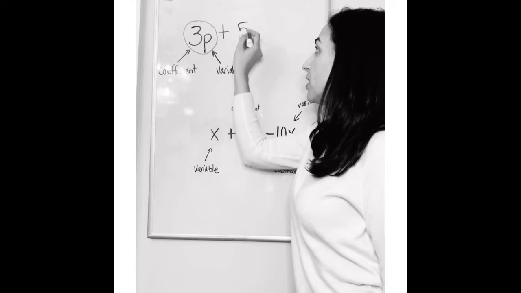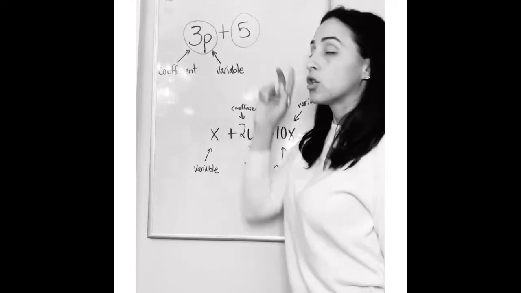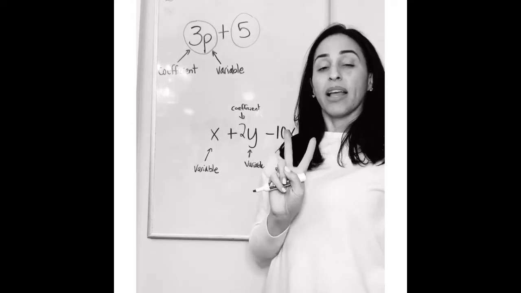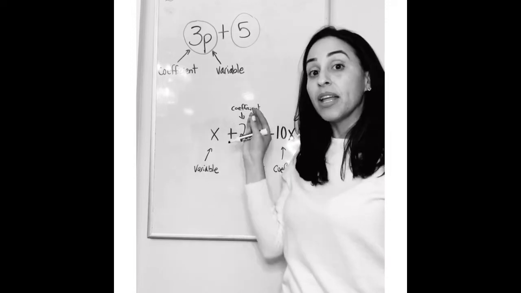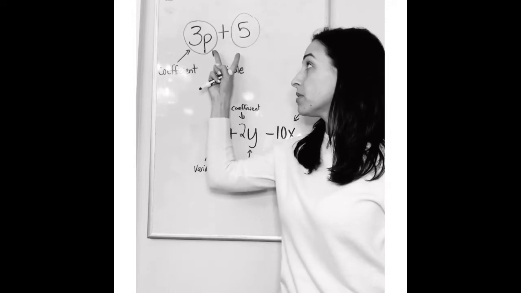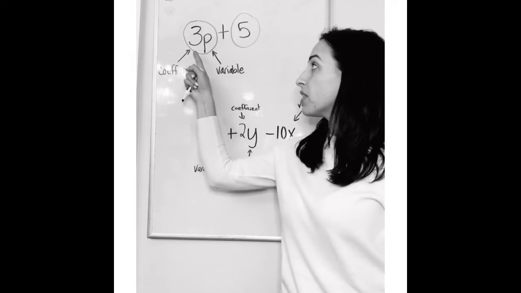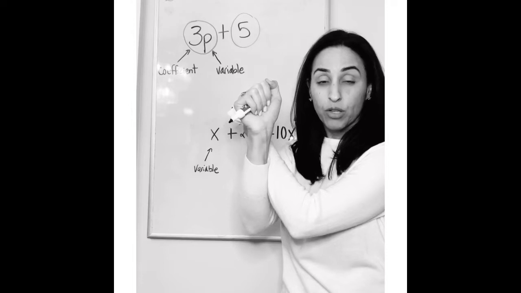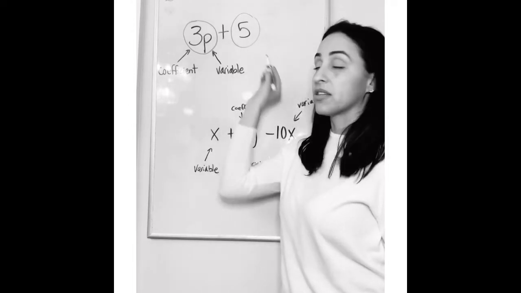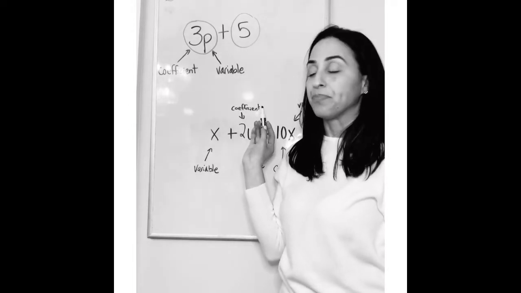And then here's my other term. So I have two terms in this expression: the coefficient that's stuck together with the variable, they are really multiplying, and then just this number that's going to be added.